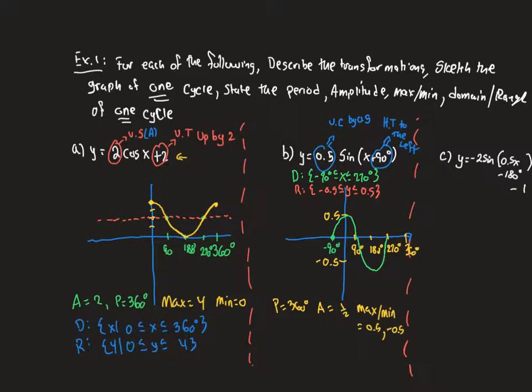So at C, I have a negative and a 2, so these give me two different things. 0.5x minus 180 minus 1. So I have 1, 2, 3, 4, 5 transformations here.